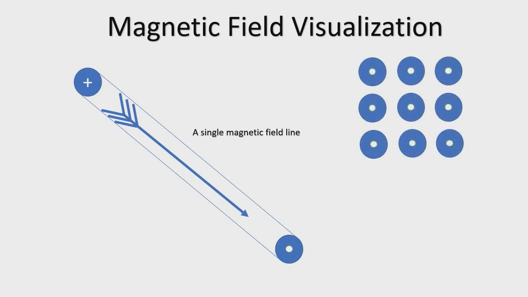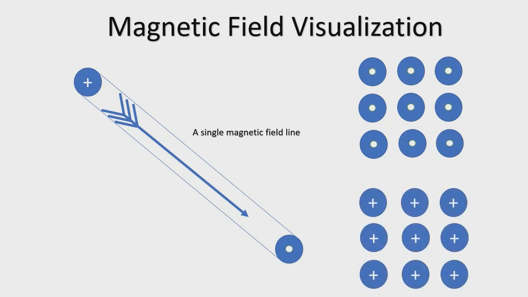So this illustration represents 9 magnetic field lines that are moving towards the observer, while the other 9 magnetic field lines are moving away from the observer.